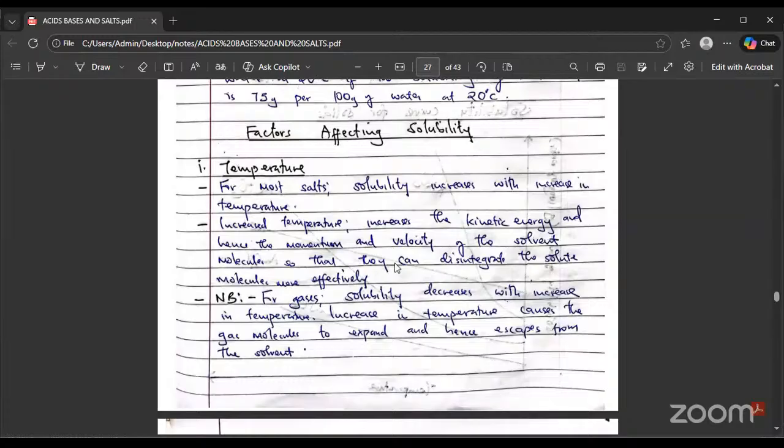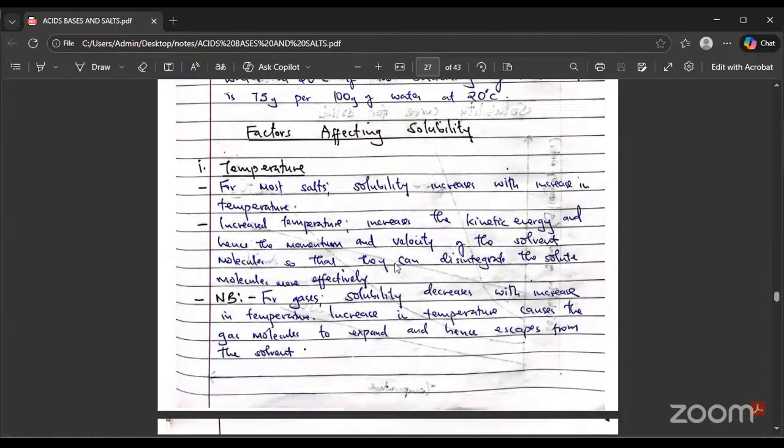I remember I had mentioned that in gases, solubility is affected by temperature differently. The reason is the distance between gas molecules. When we talked about states of matter, I think in Form 1, we said solids and liquids have particles close together, but in gases they are far apart.